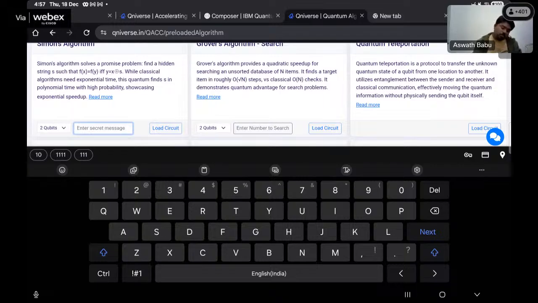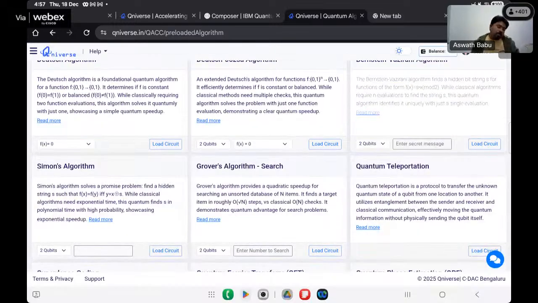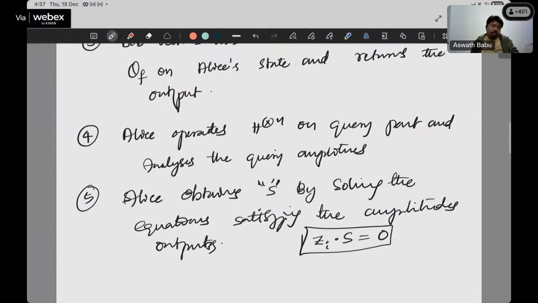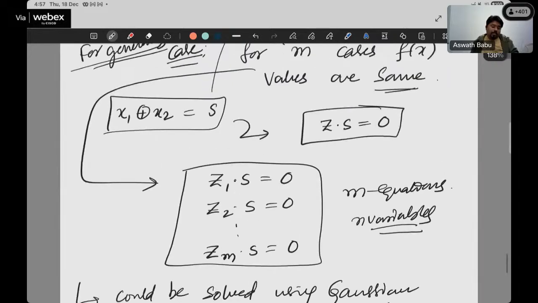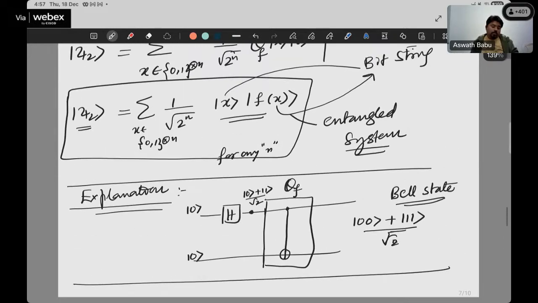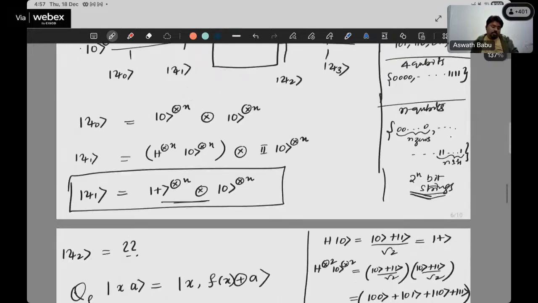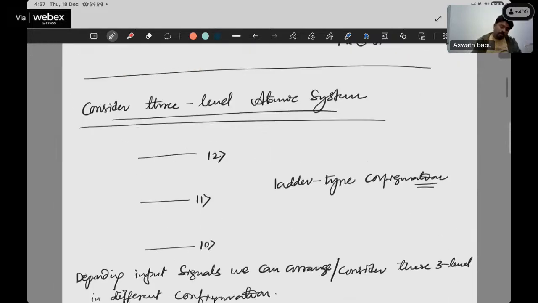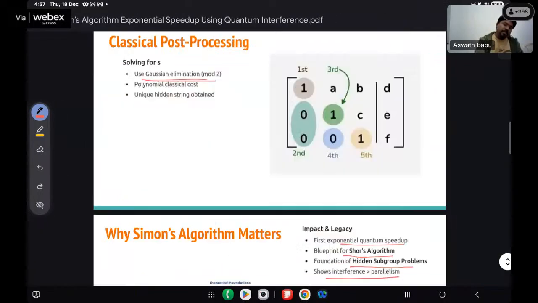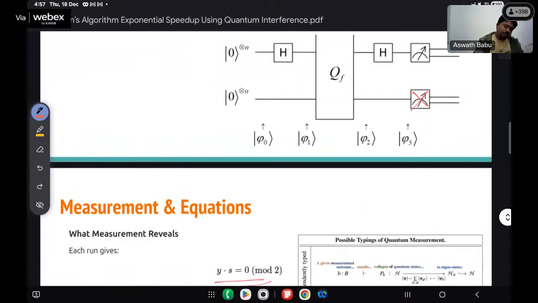A detailed explanation of how Q inverse works will be discussed by the C-DAC people in later sessions. So this is all for today. If there are any questions, please ask; otherwise we can wind up for today.